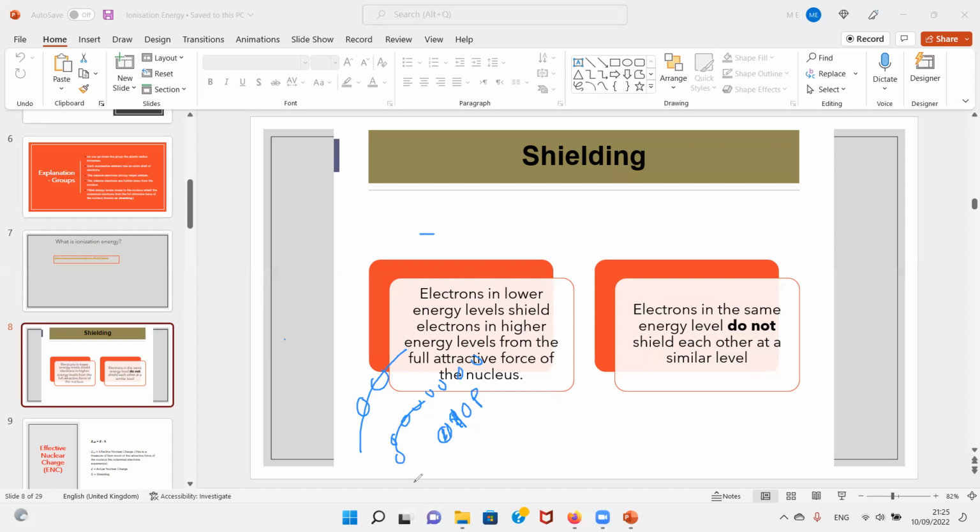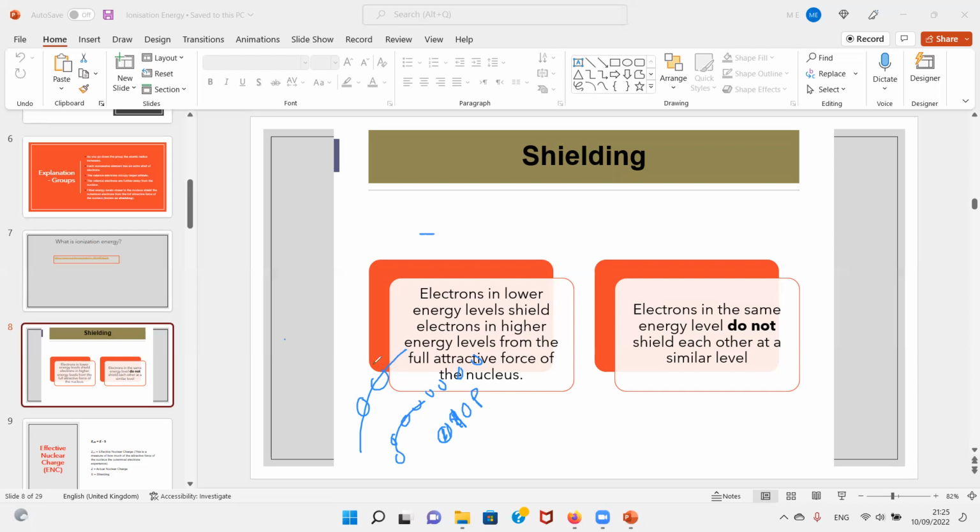Similarly, if you look at the electrons, these electrons here are experiencing the 10 positive charges, or 10 protons, the nuclear charge in full, but at the same time, they are shielding some of this positive charge from reaching the other electrons. That's why this is called the shielding effect.